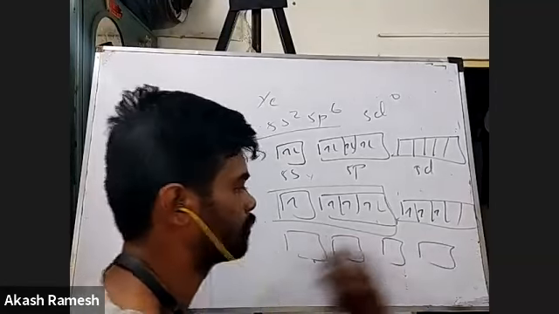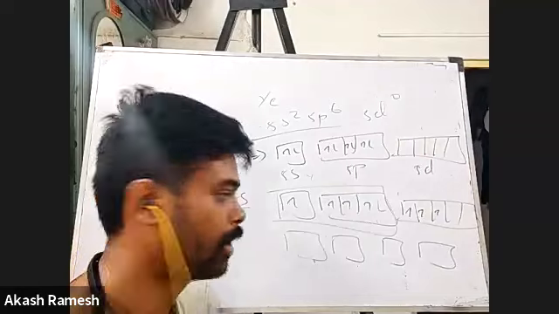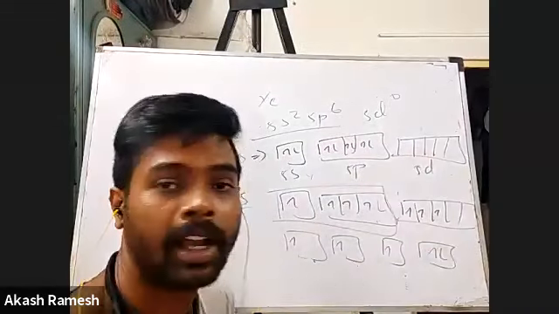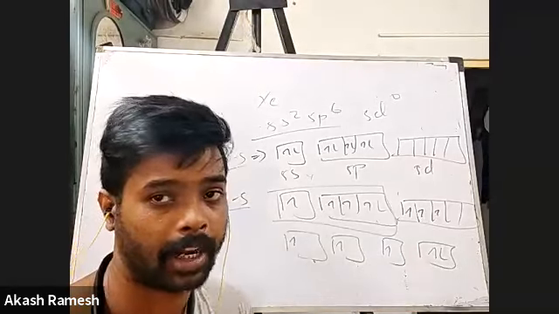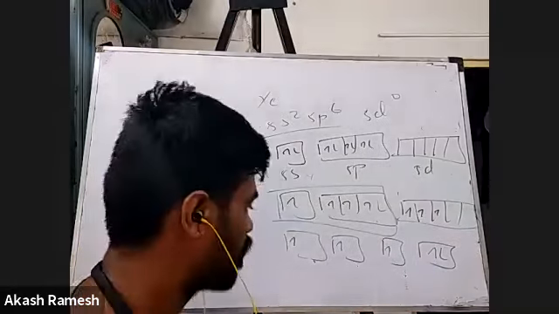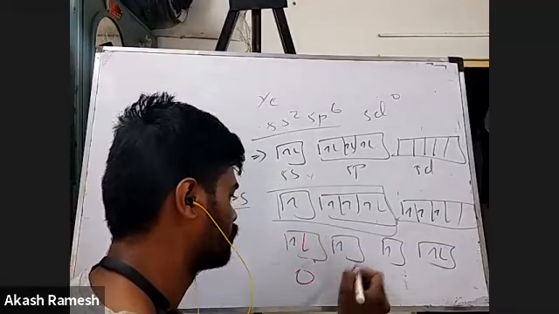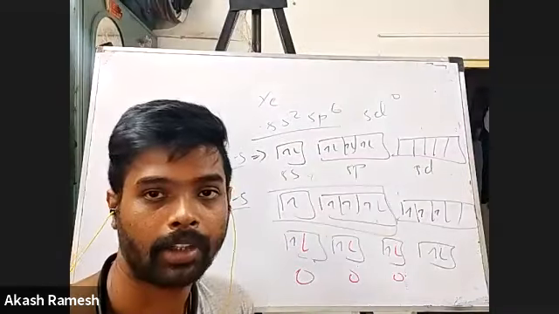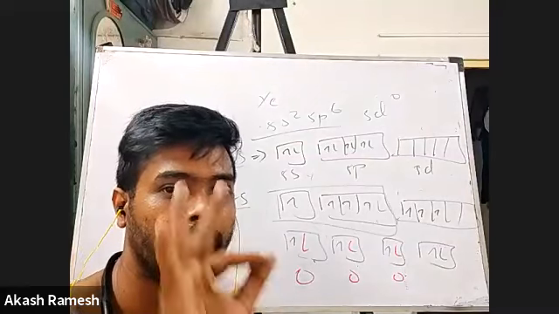Sorry, 4 sp3 hybrid orbitals. In 3 of them, I have an unpaired electron. In the 4th, I have a lone pair present. And obviously, I have 3 oxygen atoms. So you have accounted for 3 sigma bonds and 1 lone pair.